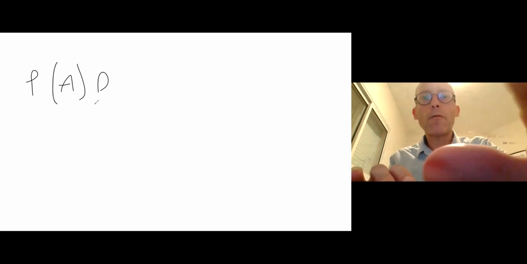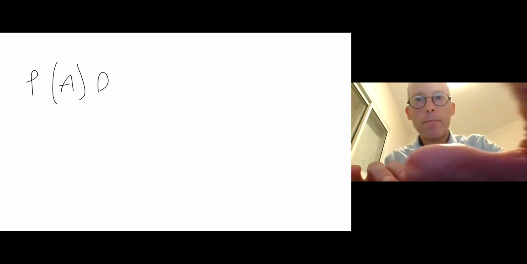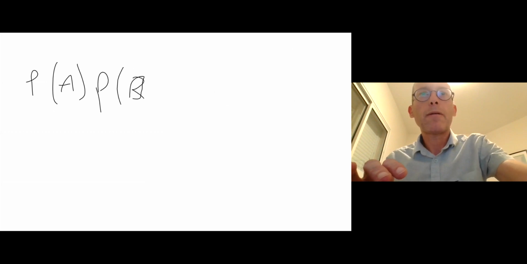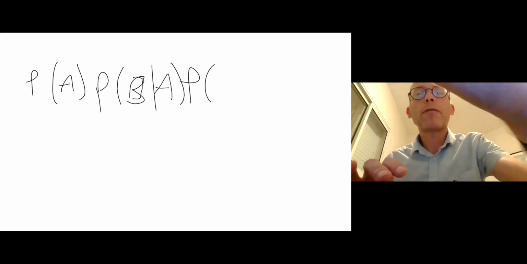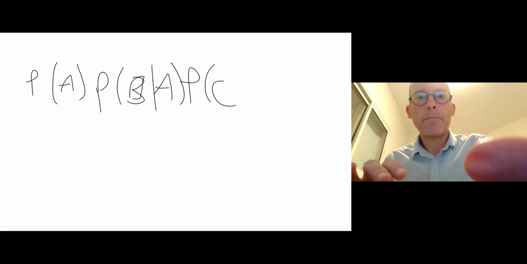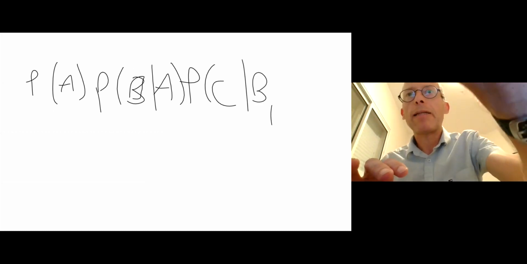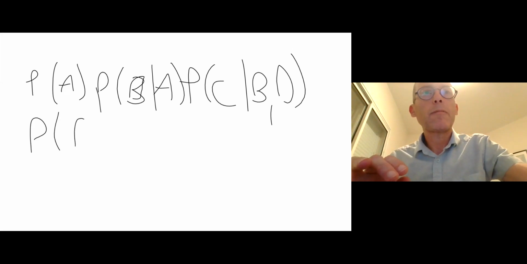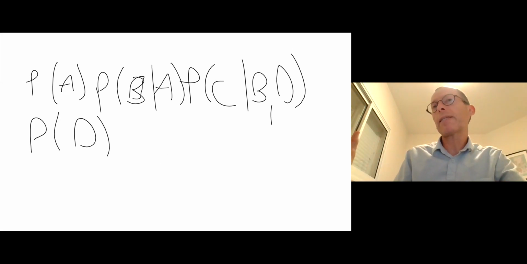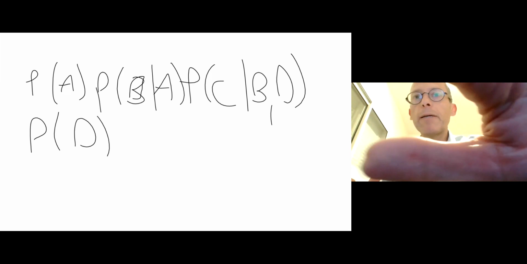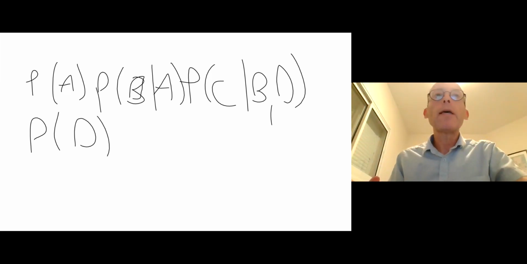If we look at the left network, we have P of A, P of B given A, P of C given B and D, and P of D. This is just the joint probability of every node conditioned on its parents. Everybody's okay with me here? Hopefully. Yes, okay.